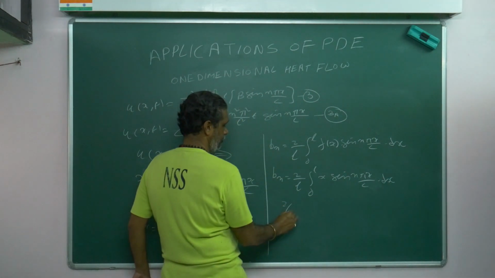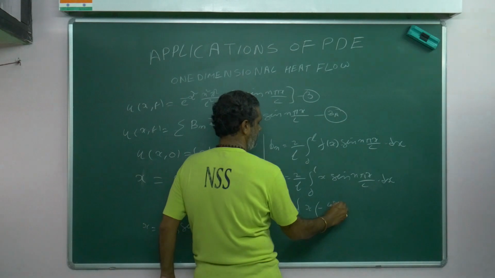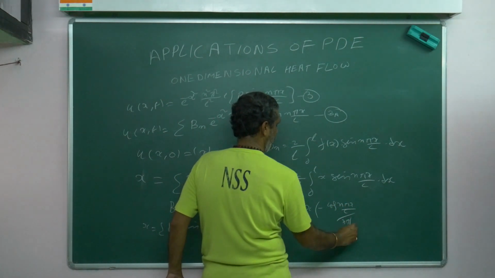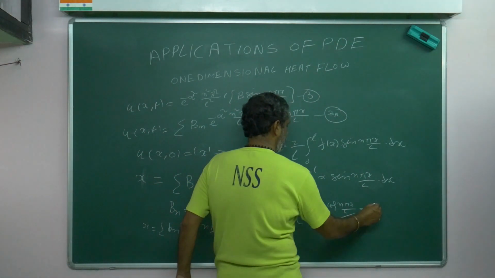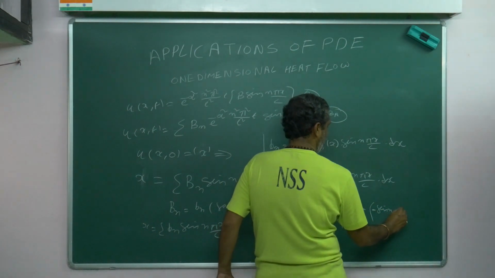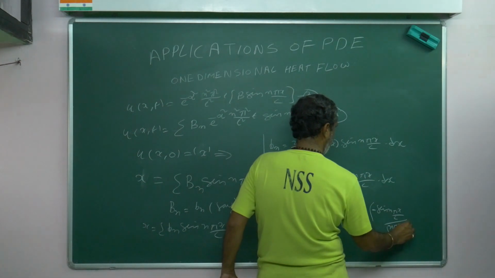Then 2 by L open, x you can keep; sin integrated gives minus cos n pi x by L divided by n pi by L; minus, what you integrated, you can integrate again, minus sin n pi x by L by (n pi by L) whole square.